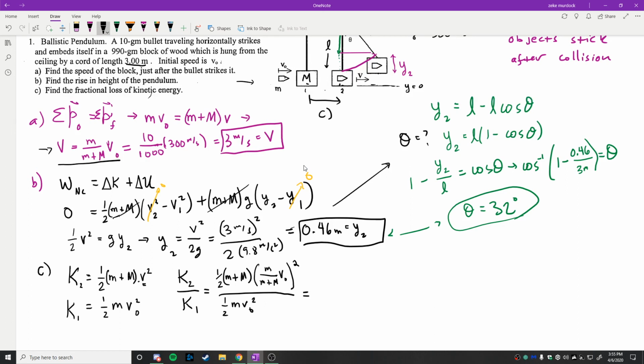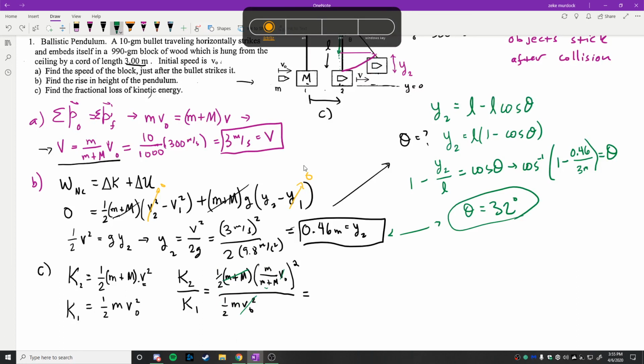And now we can do some cancellations right here. The v naughts are going to cancel because it's squared. This is going to cancel with one of these. The mass is going to cancel with the mass. The 1/2s obviously cancel as well. And now as I do all that stuff, I start to realize that it makes things a little complicated.